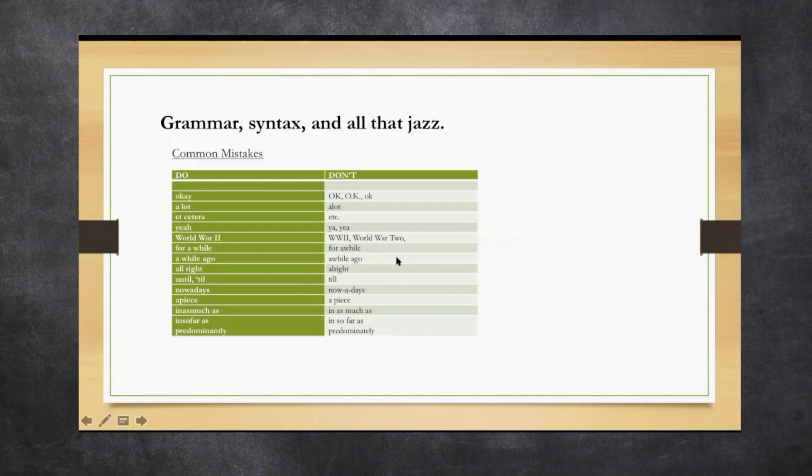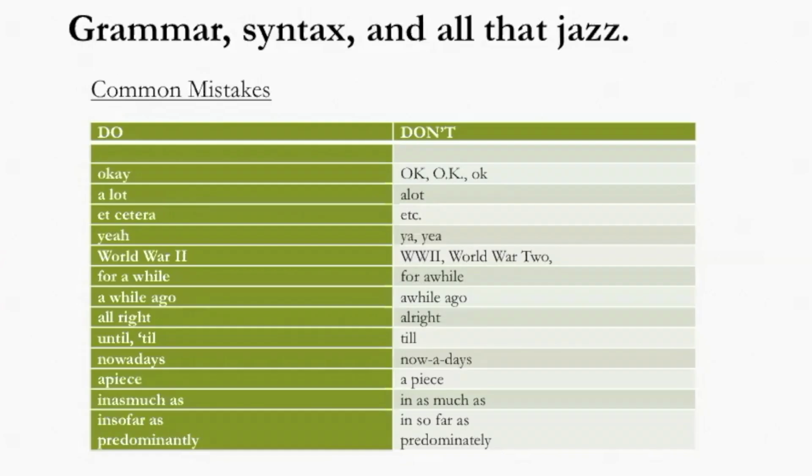Now, from here on out, it's basically a lot of grammar and conventional syntax and all that jazz. I'm going to give just a basic couple, and attached with these videos are going to be the style guides for reference that have a list of many more of these examples of common mistakes. So the ones that we want, okay versus OK, just because sometimes we all make those mistakes, translation through texting to typing.